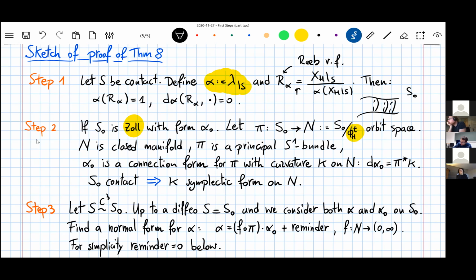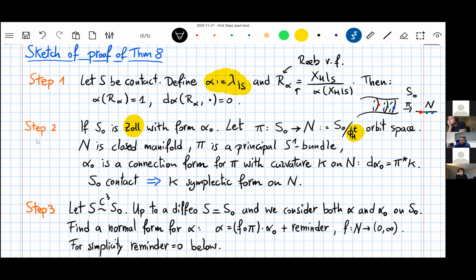And for each of these orbits, you just get a point. So you get this quotient map. This is an S1 bundle because above every point you have the whole orbit.